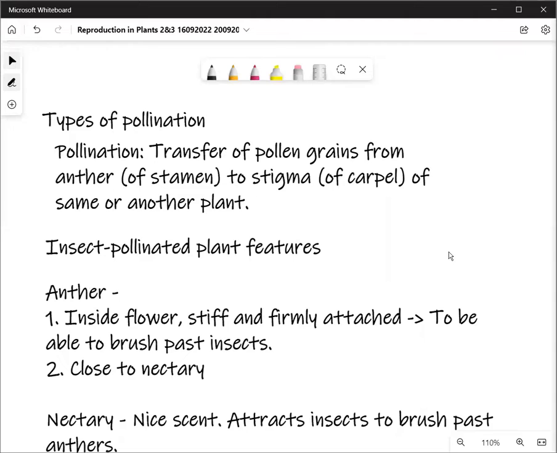Rachit, write this in your notebook as well, and then we'll start looking at the types of pollination that we have. Done. Come on, guys.